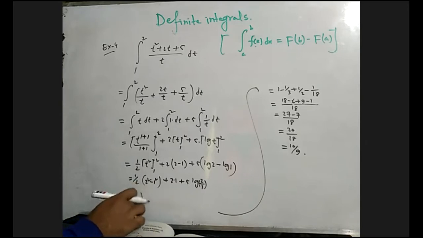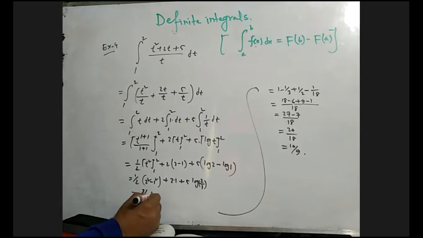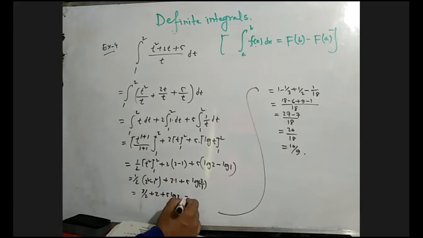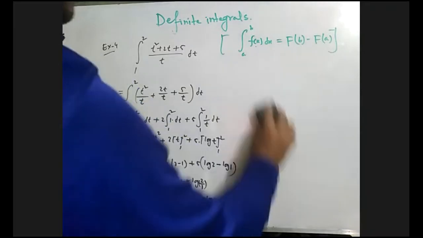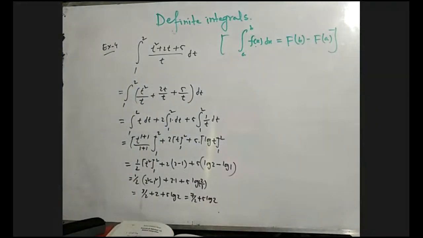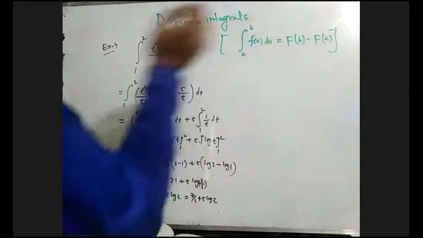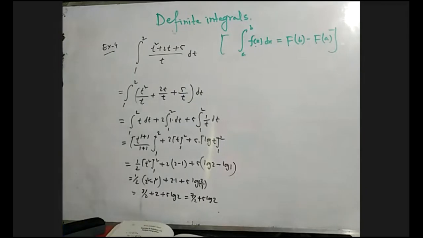So we get 3 by 2 plus 2 plus 5 log 2. That means, taking LCM, 7 by 2 plus 5 log 2. This is the result of this integration, by using the theorem of definite integral.